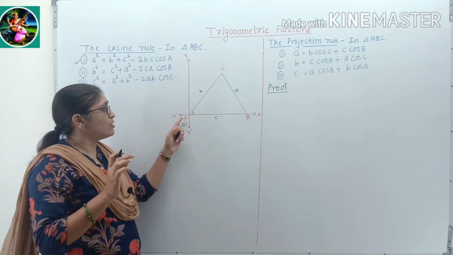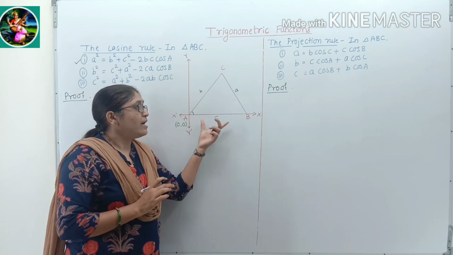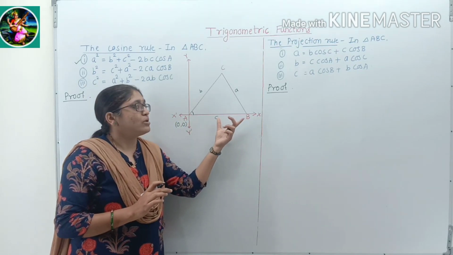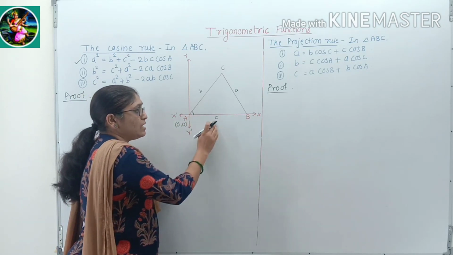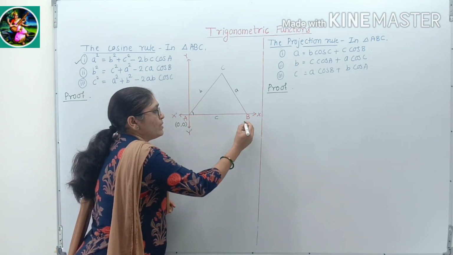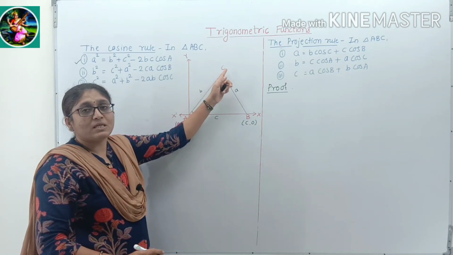Therefore A has the coordinates 0, 0, and the side AB is along the positive x-axis.